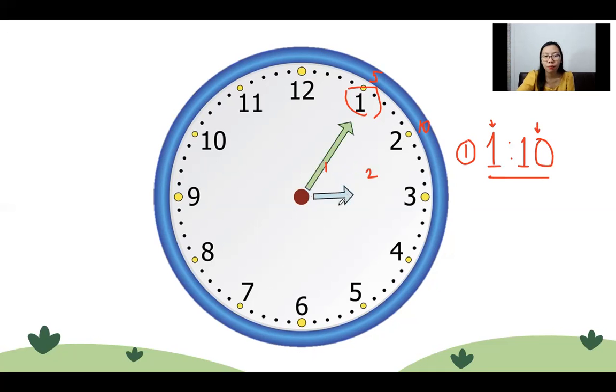Again, you say the blue one first and then the green one. Number 2, what time is it? The blue hand points at 3. 3. All right, 3.